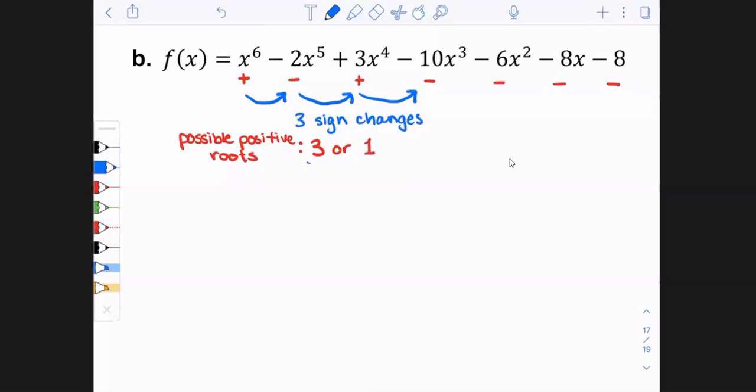So anytime you have a number that's bigger than 1, you're going to take this number and subtract 2 until you get to 0 or 1. You don't want a negative number because it doesn't make sense to say that you have negative 1 possible positive roots. That just doesn't make any sense. You can have 3 possible positive roots at most, or you have 1 possible positive root.